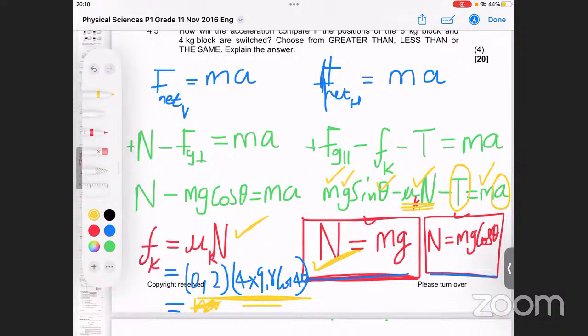Usually, if I'm finding acceleration, I make T the subject of the formula. After I find the equation for T for both masses, I equate them, and then I use simultaneous equations to solve for A, because that way it gets rid of one unknown variable while helping me find the unknown variable that they're asking for. I hope that makes sense.